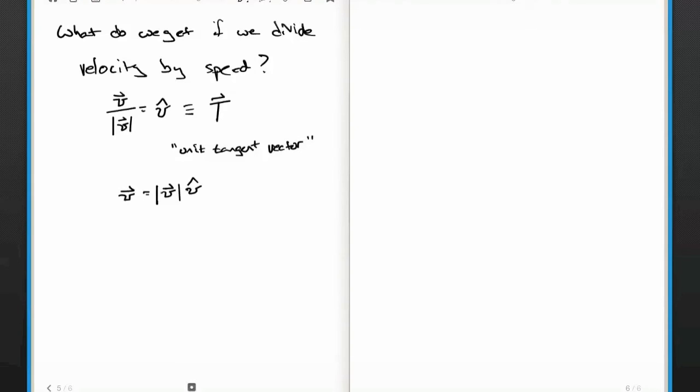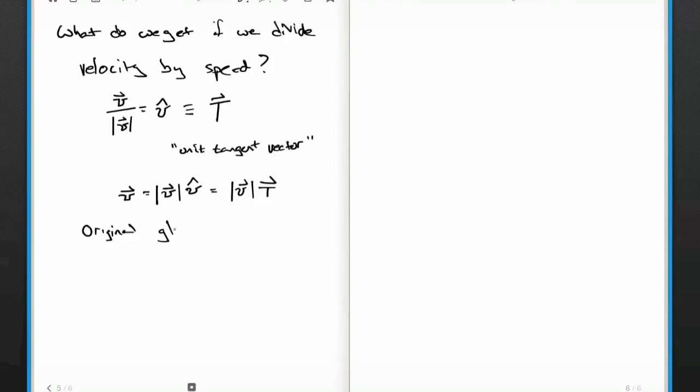So the vector is a magnitude and a direction. The velocity vector is the magnitude times the direction. Okay, so this tangent unit vector is a direction, it's a unit vector, and it's in the direction of travel.